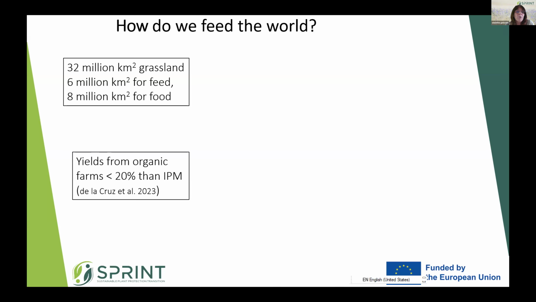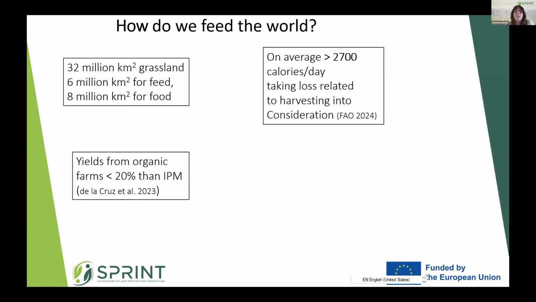As we all know, yields from organic farms are about 20% less than from integrated pesticide management or conventional farms. The big question is, can we feed the world? Can we feed the increasing population? We produce 2,700 calories per day, already taking harvesting losses into consideration.